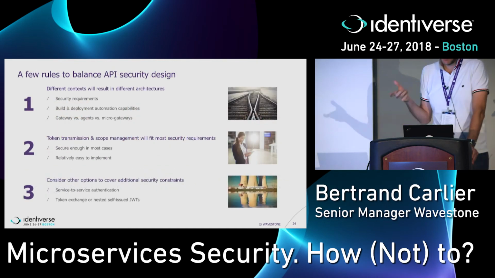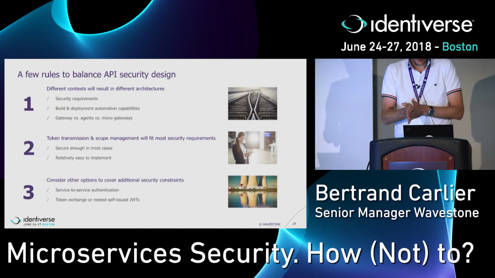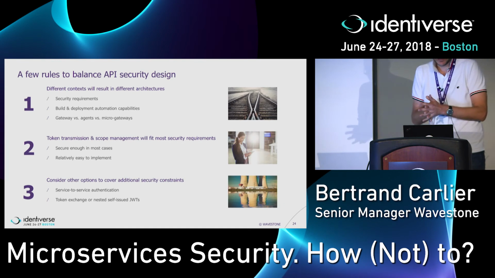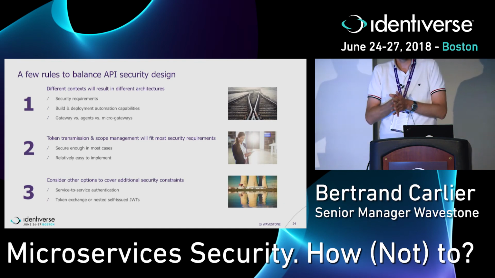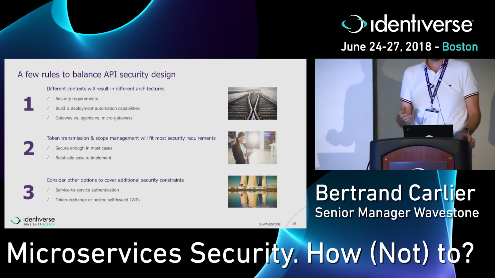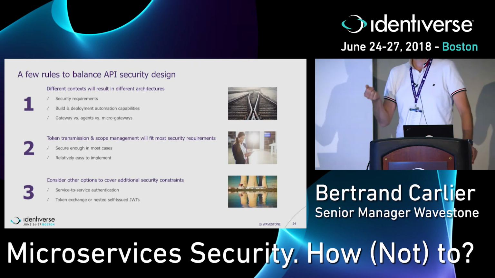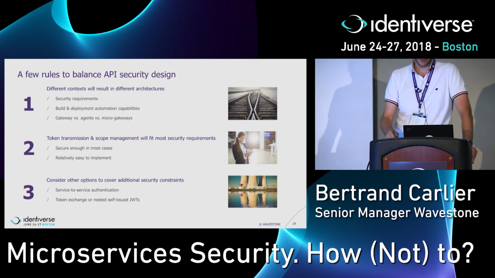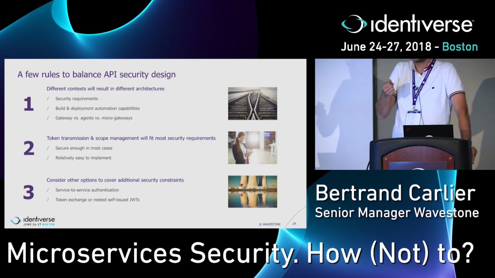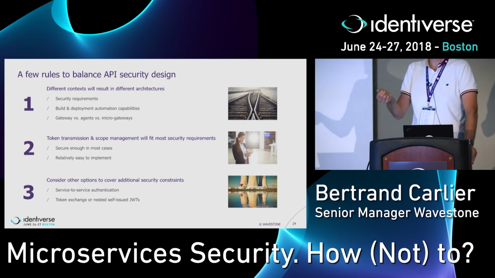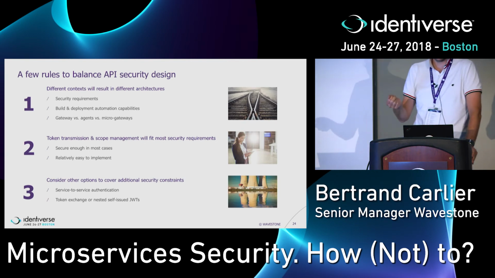So a few rules to balance API security when you design it. Different contexts will result in different architectures because everyone does not have the same security requirements, stronger or not. You have some capabilities around the automation of build and deployment of your software, and you may leverage that, or you may not leverage that if you don't have any.